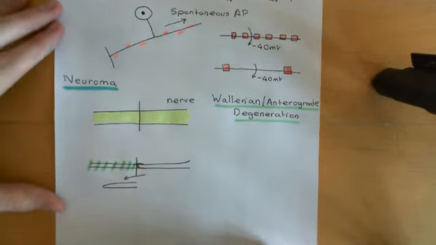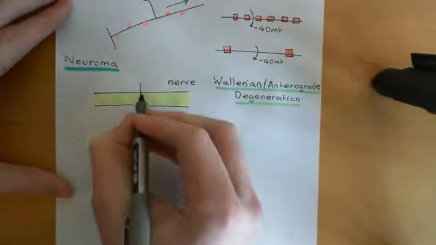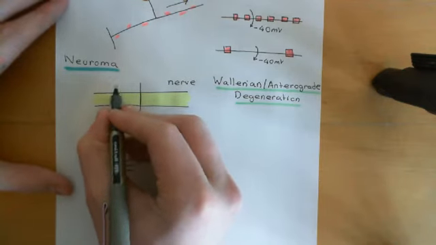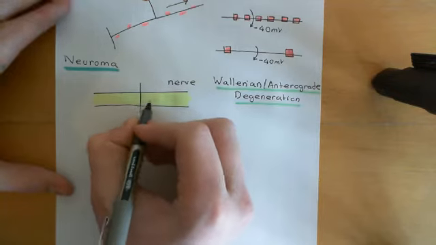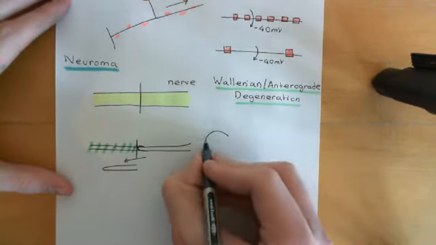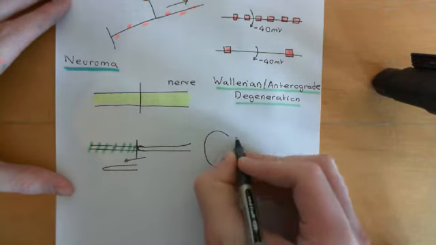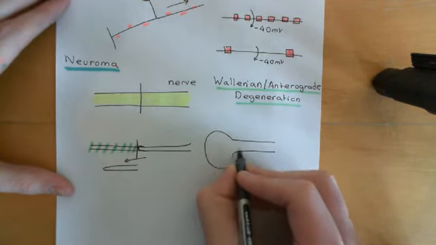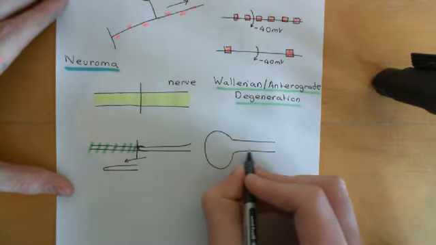So what happens in a neuroma is that all of the axons within this nerve are going to start extending out. And if this goes horribly wrong, they can form a great big ball, which contains loads and loads of these growing axon stumps attached to the original nerve.